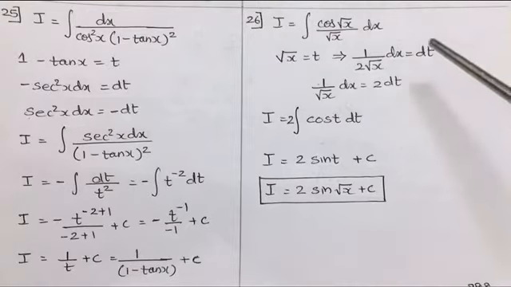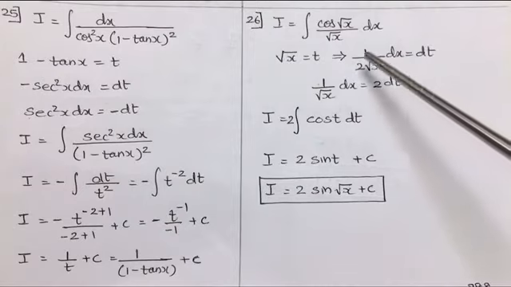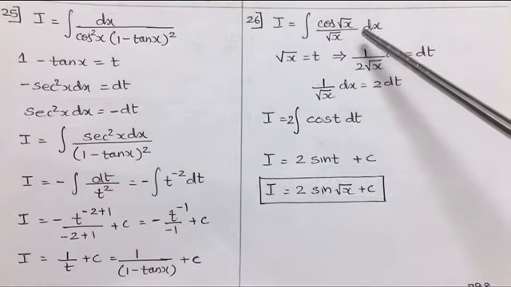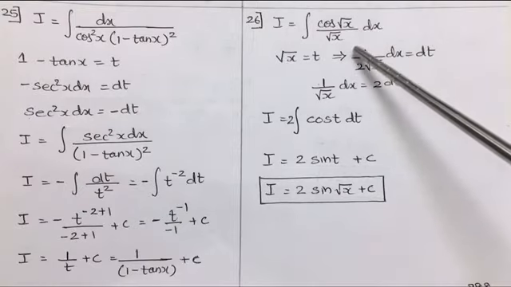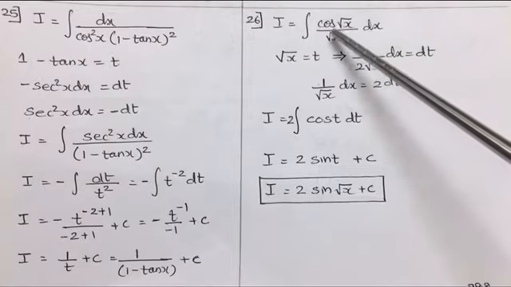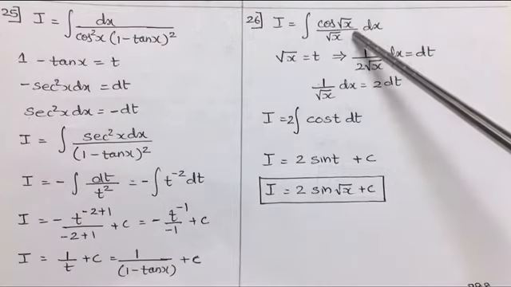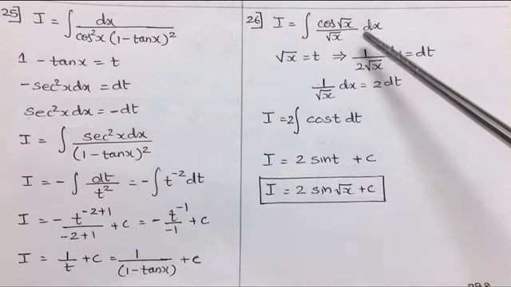26th one is I is equal to integration cos root of x upon root x dx. Now cos integration we have, but here in integration we cannot make use of chain rule.